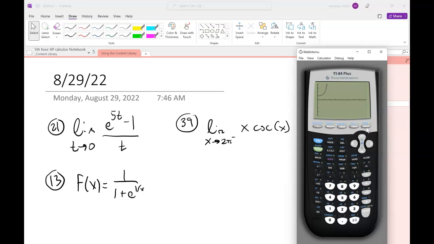Radians, okay. Where's the rest of my stuff here? All right, well, let's just look at this then. Okay, I just need to extend my graph a little bit.